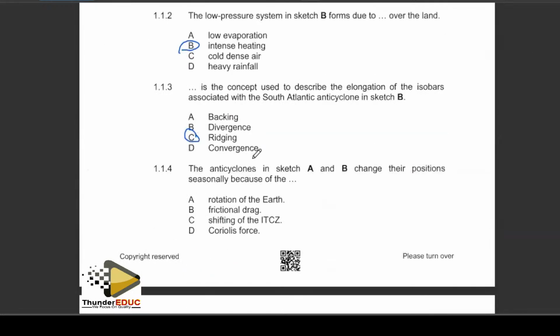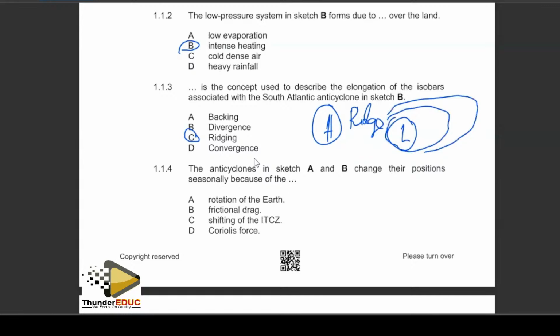If it was a low pressure cell and there's an elongation, that would have been a trough. So you must always know the difference there. When it's a high pressure cell, it's a ridge. And when you have a low pressure cell and there's an elongation, maybe the isobars are going like that, away from the center here, but the isobars are elongating in that direction.